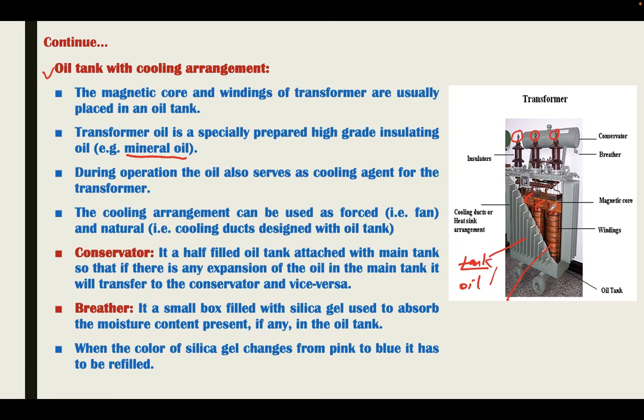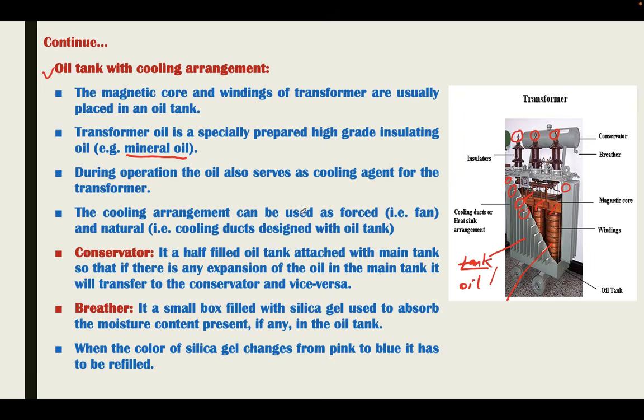Why? Because when the transformer is subjected to some load, it heats up, and because of that heat, the oil within this transformer tank gets expanded. This expanded oil will be circulated through these ducts. These are the ducts from where oil can be circulated.